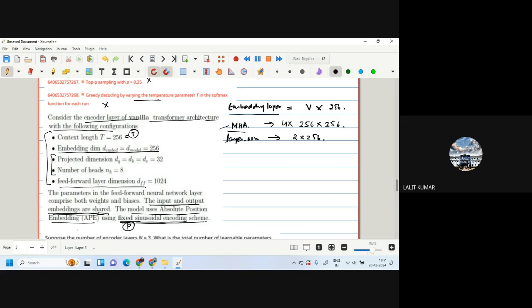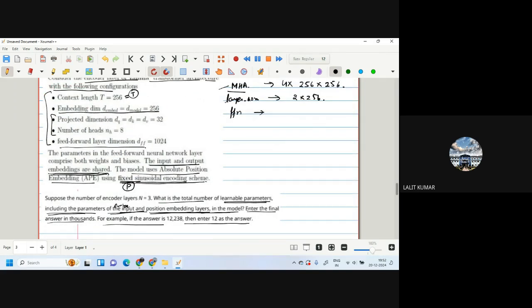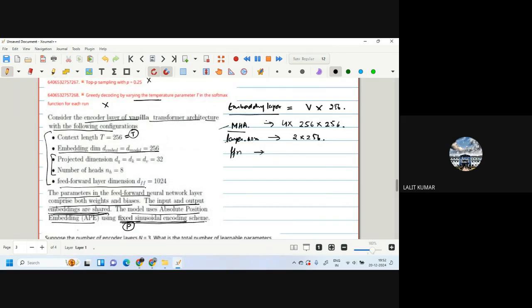FFN, they have given DFF equal to 1024. So FFN will become, and have they given bias or no bias? They have given bias. The feed forward layer parameters comprise both weights and biases. So this will become 2 into 1024 into 256 plus 1024 plus 256.